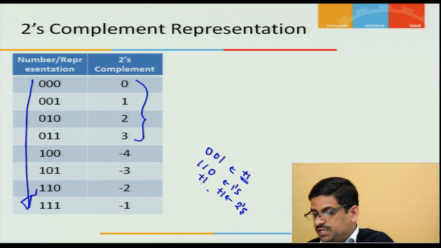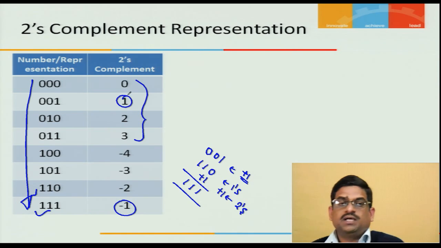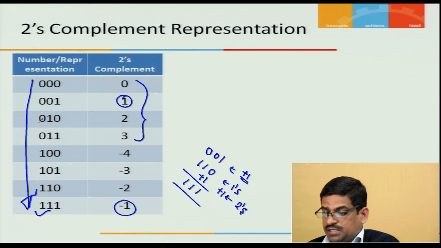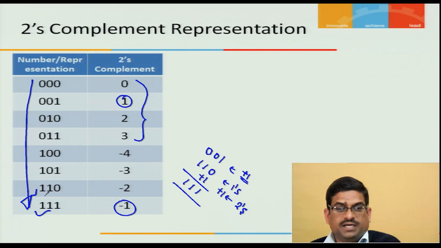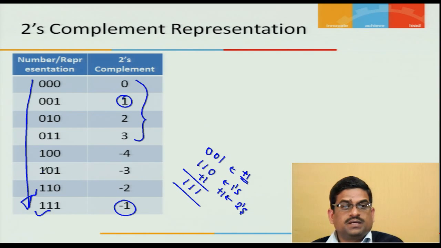Adding 1 gives 1 1 1. So that is why 1 1 1 is -1. In a similar way, the 2's complement of +2 gives you 1 1 0, which represents -2, and the 2's complement of 0 1 1, the +3 representation, will give you the -3 representation.